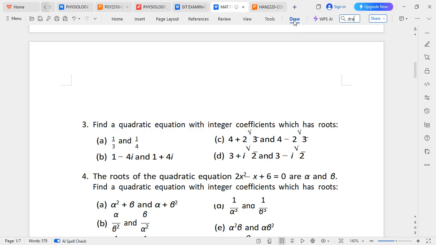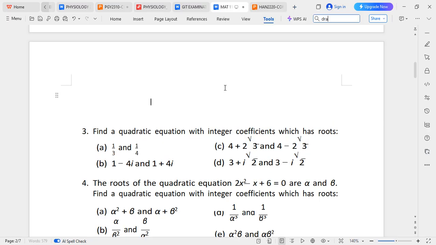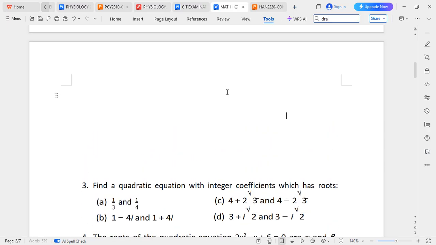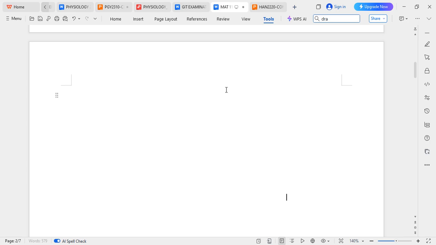So what I'm going to do is move this down. So we can answer A. We are trying to find alpha over beta plus beta over alpha.